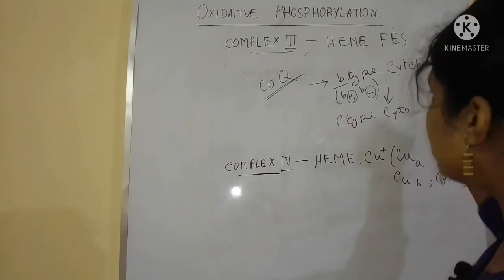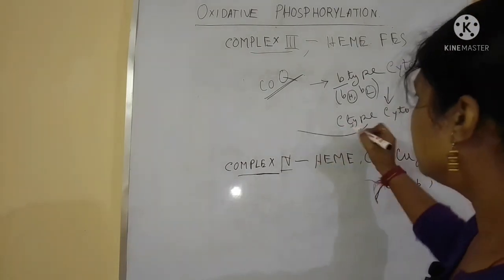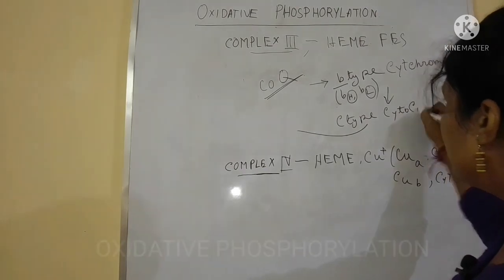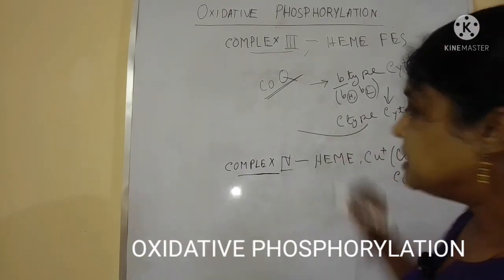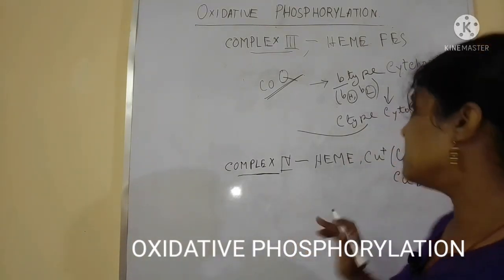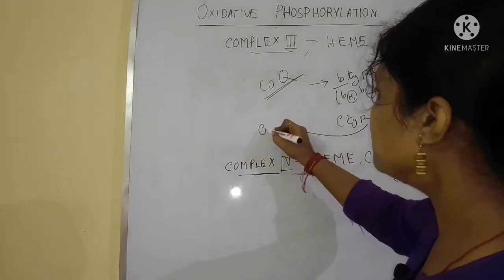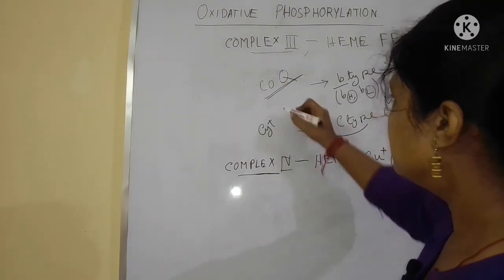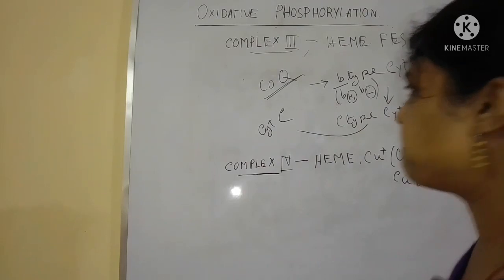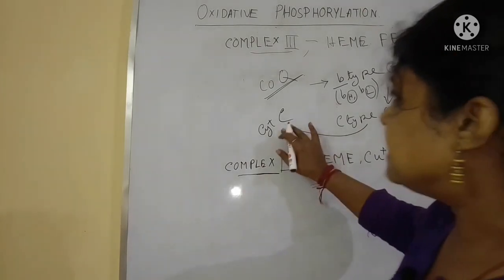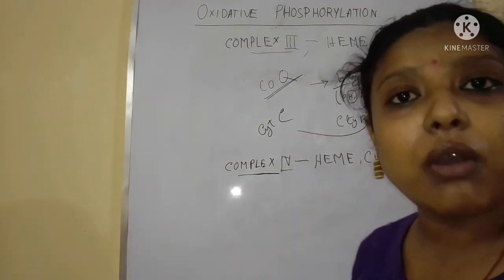Okay? And from cyto C1, the electrons are transferred to cytochrome C. Cytochrome C. Okay? And this is the oxidized form of cytochrome.